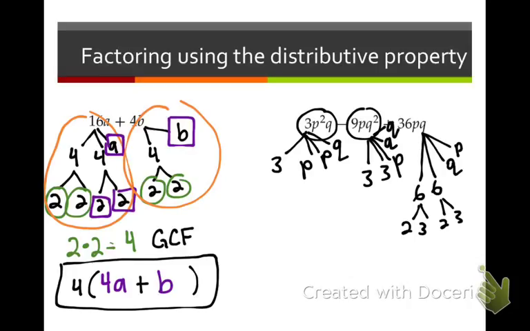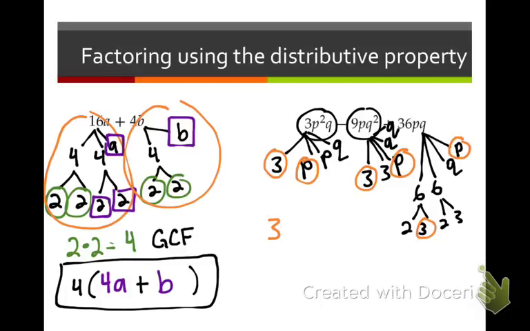So now, I'm going to look at all three trees, all three, and I'm going to look at what they have in common. They have a 3 in common. So as soon as they have something in common, I'm going to put it to the side. 3. They also have a P in common.